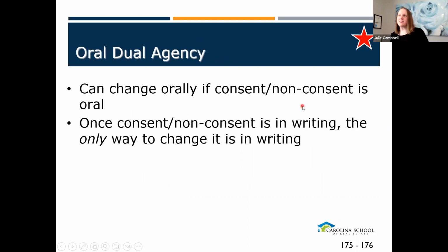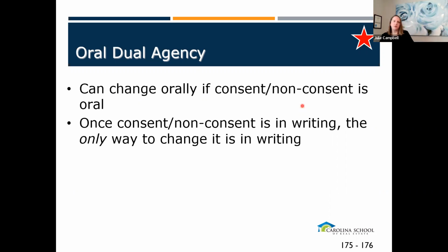Here's that oral dual agency. I apologize, I didn't realize I had a slide, but this is that oral dual agency we were just talking about. It can change orally only if we have an oral yes or no. If that yes or no is in writing, the only way to change it is in writing. And that's why, now knowing what you know, you may want to look at 176 and 162, number 2 and number 2. If it's misleading, then don't look at it.